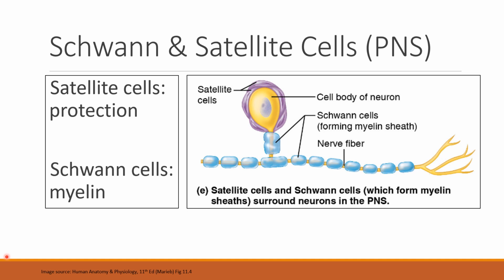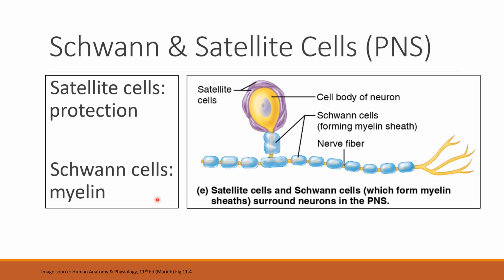And then in the peripheral nervous system, there's just a couple of cells to point out. There are Schwann cells, and then you could have satellite cells. And these are in the peripheral nervous system, so that's outside of the brain and spinal cord. The satellite cells will protect the cell body, is one thing they do.